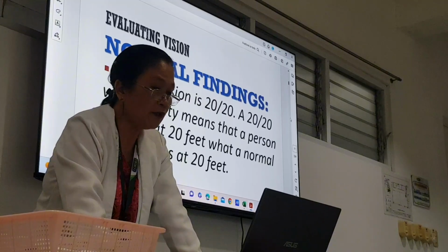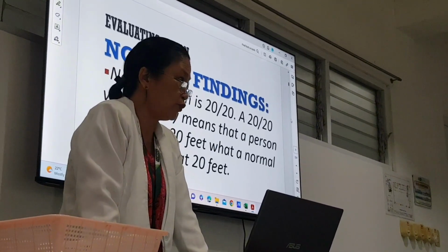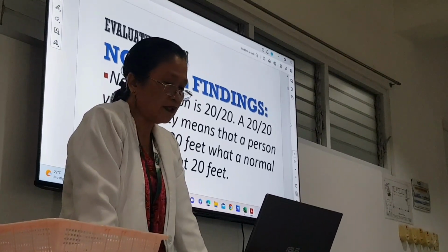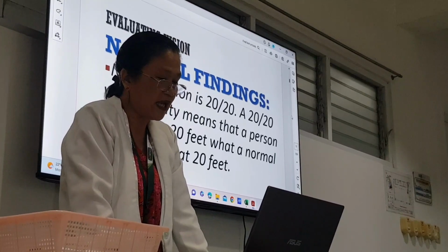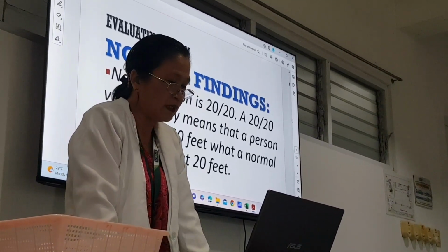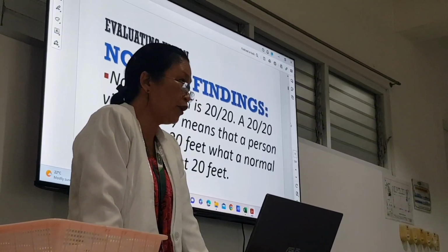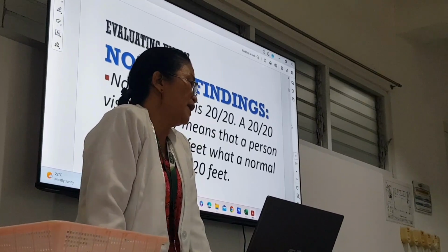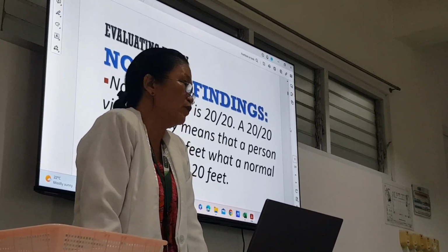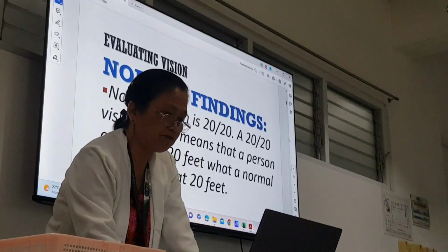So, for normal findings, normal vision is 20/20. A 20/20 visual acuity means that a person can see at 20 feet what a normal person sees at 20 feet. Okay. Normal na normal ka, if you can read a letters 20/20. Okay, then next.